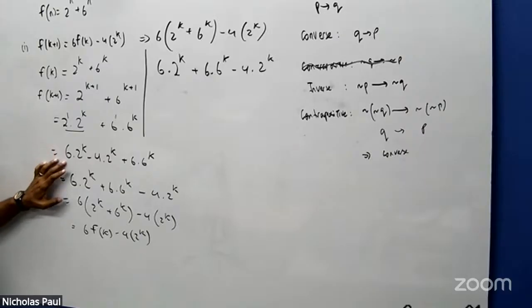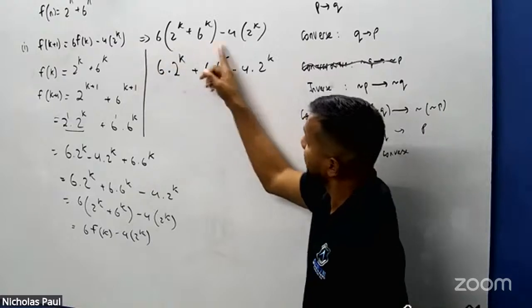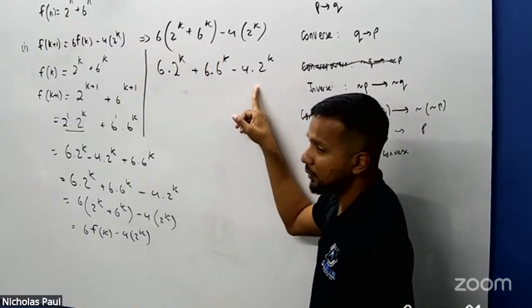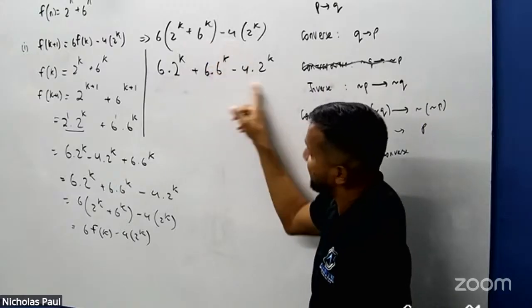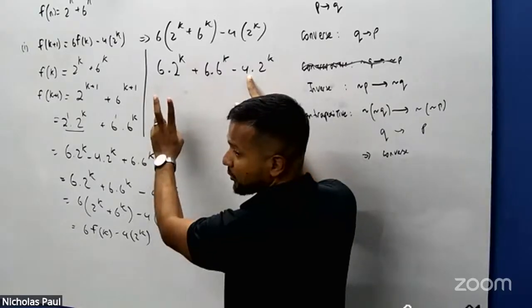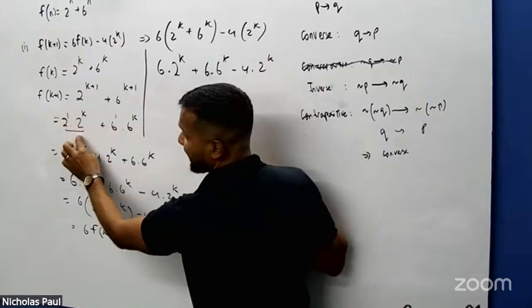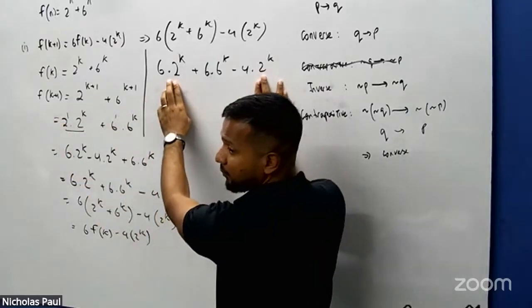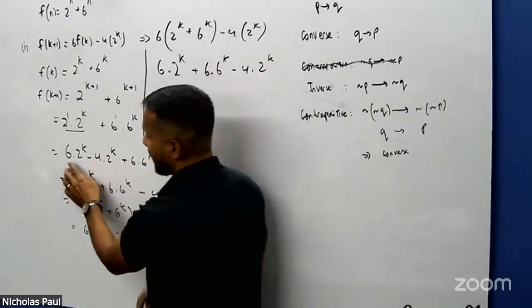Why did I write this? Because from here, remember I was expanding out the answer a little bit. I recognized that 6 times 2 to the k, when you expand, you get this, and I saw that 6 minus 4 is 2, which is originally what I had here. So I replaced 2 times 2 to the k with this. 6 minus 4 is how much?